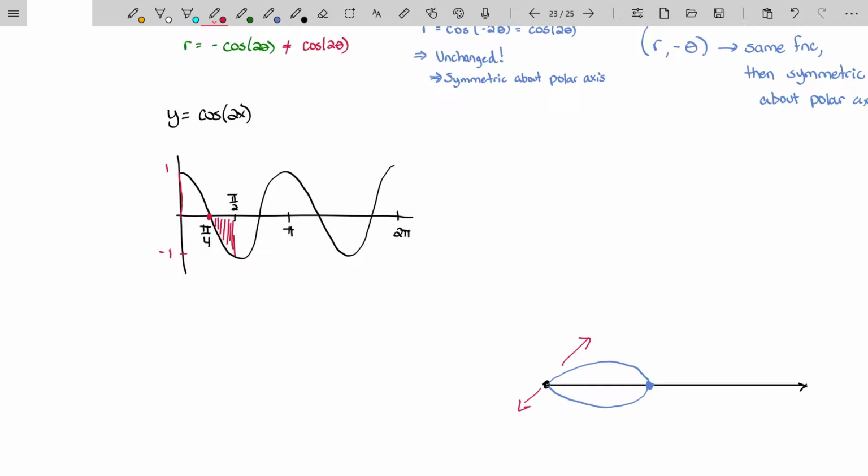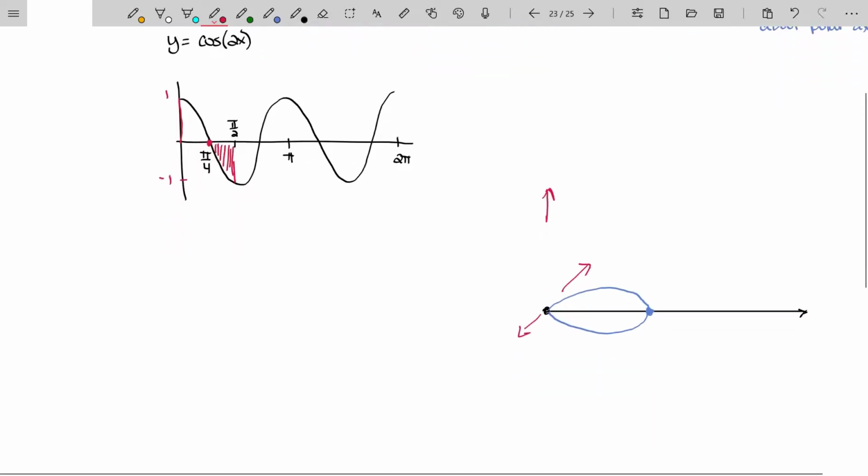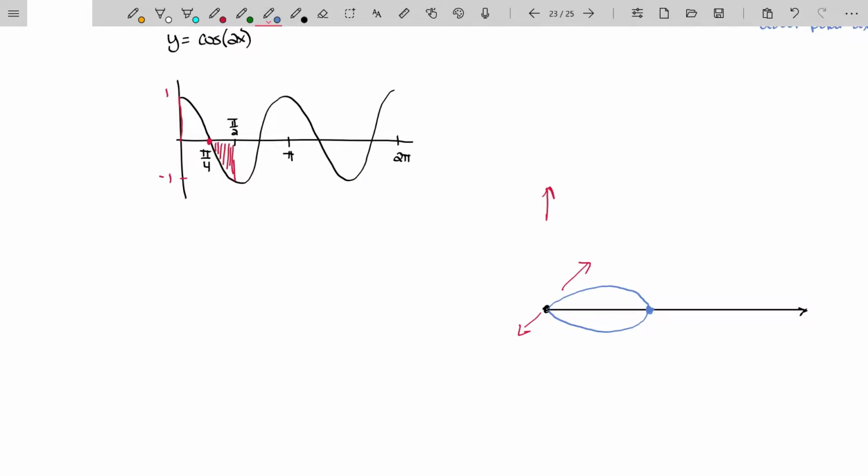When I face pi over 2, which is this way, those rocks are 1 unit behind me. Let's go ahead and at least plot that point. And just from the path of travel, I know it's going to look like this. However, because this function is symmetric about the polar axis, I know it's going to look identical up above. It's like a mirror image up above.